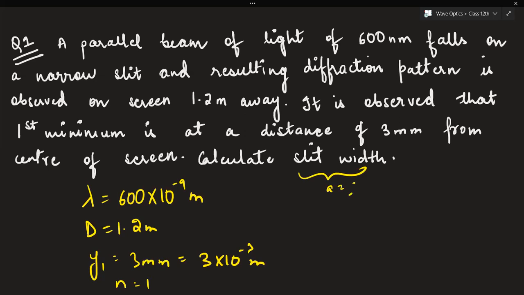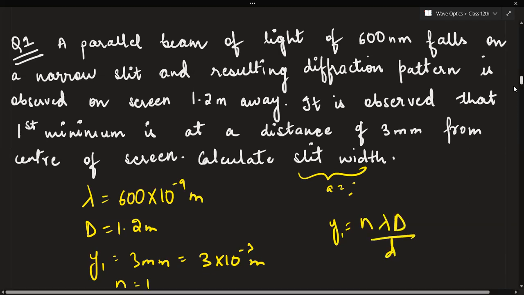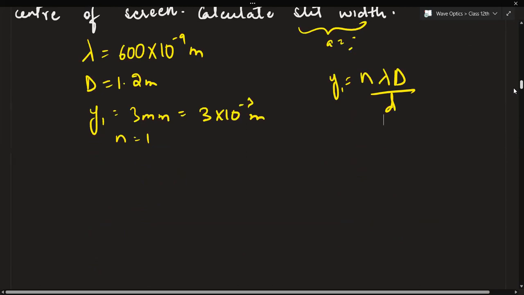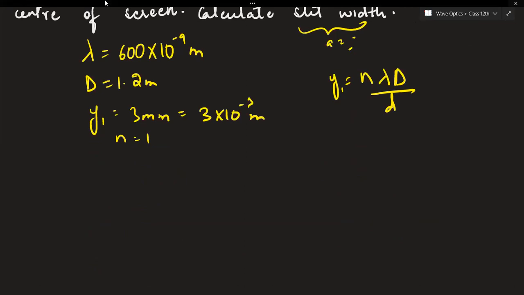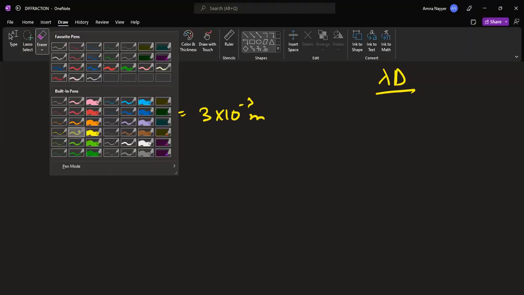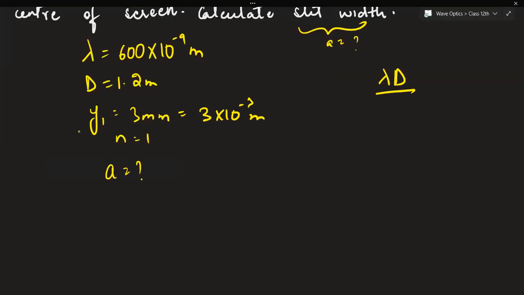A is missing, see class. y is equal to n lambda capital D by a; here I'm using the term a. The rest of the things are given to you. y1 will be equal to lambda D by a.